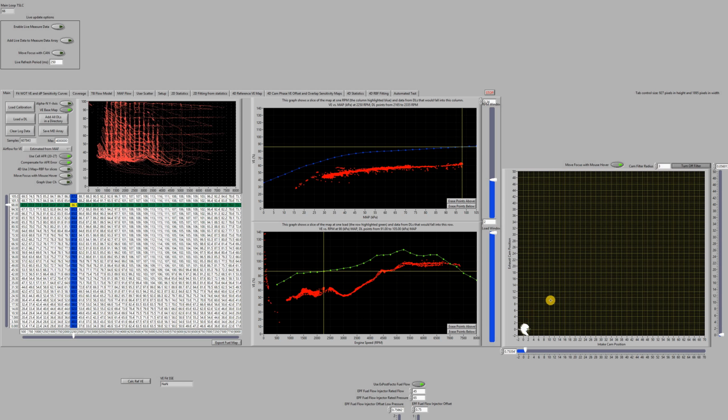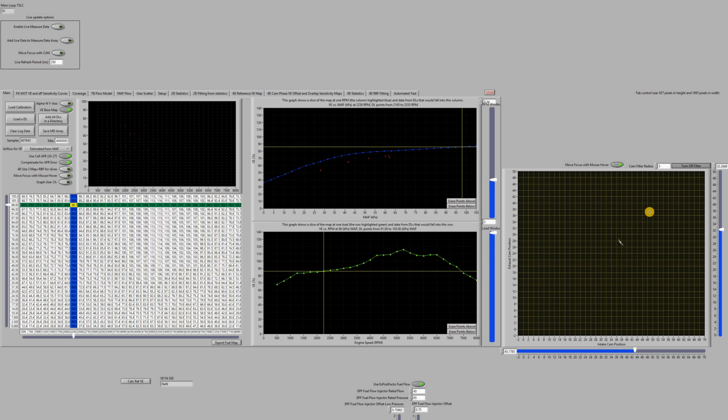You see more of a change in slope of the VE versus MAP with varying overlap.